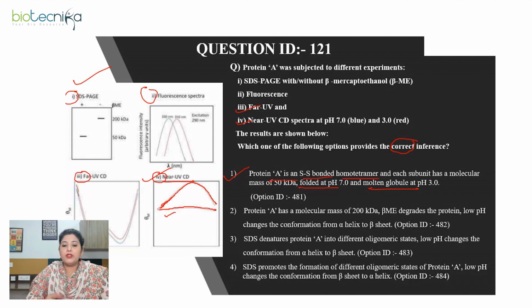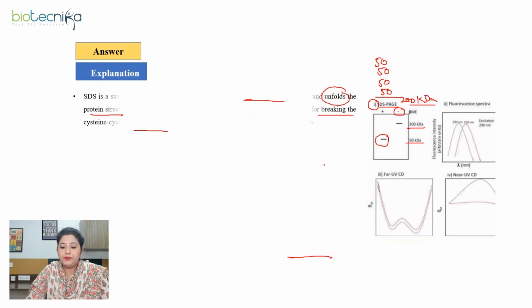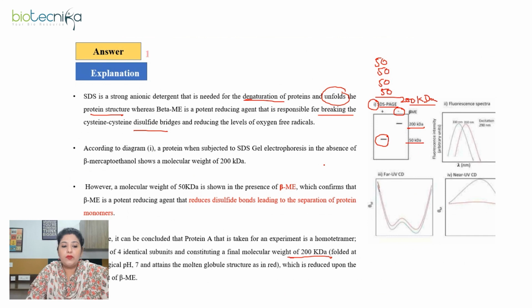This indicates that our protein is folding at pH 7, which is why we see different wavelengths. The red line shows the molten globule state, where the value is constant. Therefore, this confirms our answer, and the answer is option 1.